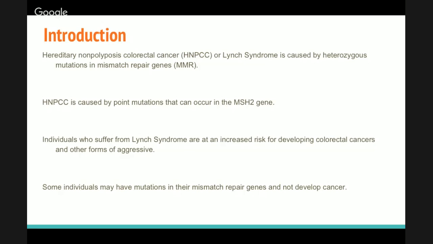Also, it's important to say that anyone of any ethnicity can be prone to getting Lynch syndrome, and it usually occurs in people who are younger than the age of 50. Most of the time an individual will get colon cancer as they age, but this particular form of cancer caused by HNPCC is more common in people who are younger than the age of 50.